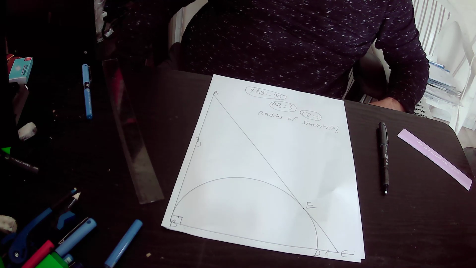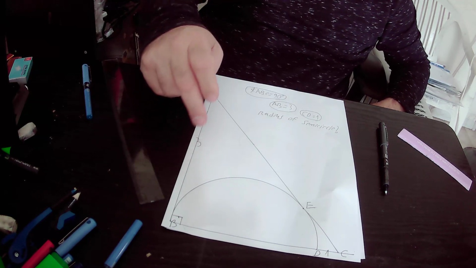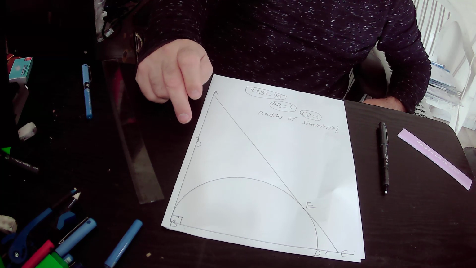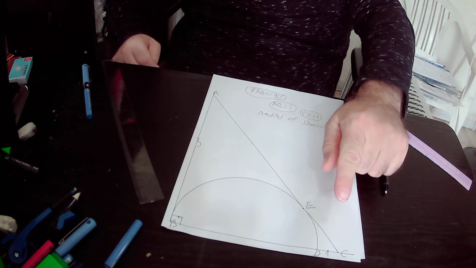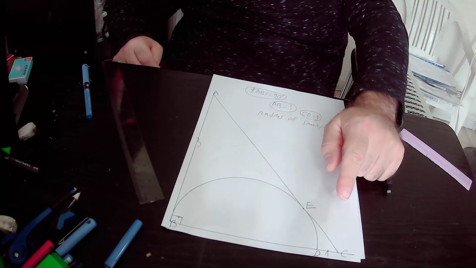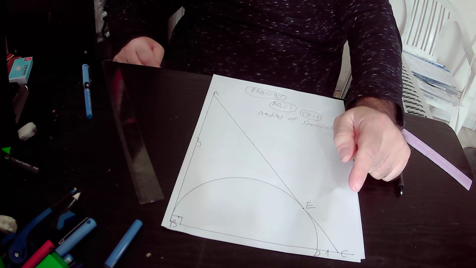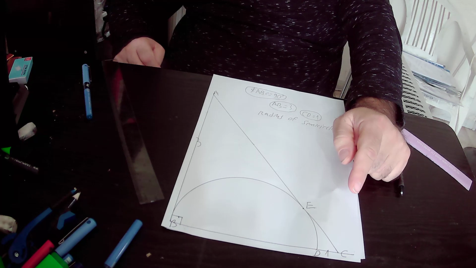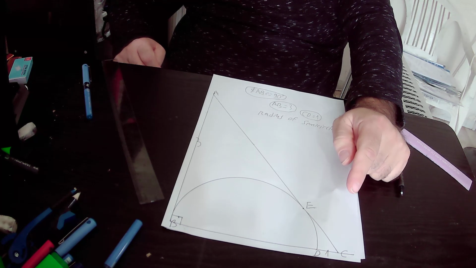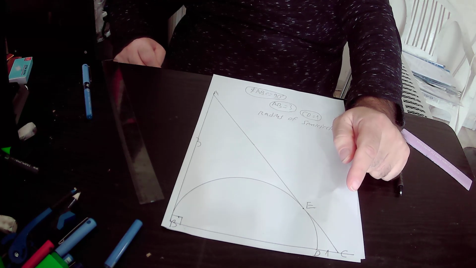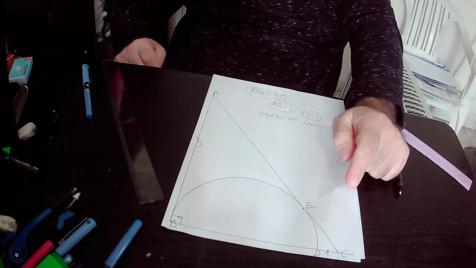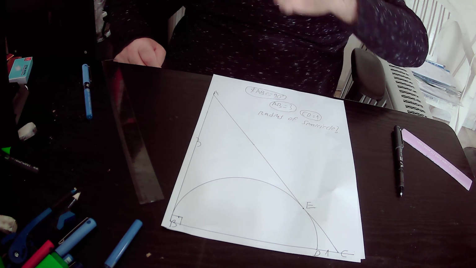And we also know that side AB equals 3 units in size. Line segment CD equals 1 unit in size, and we want to find the radius of this semicircle.